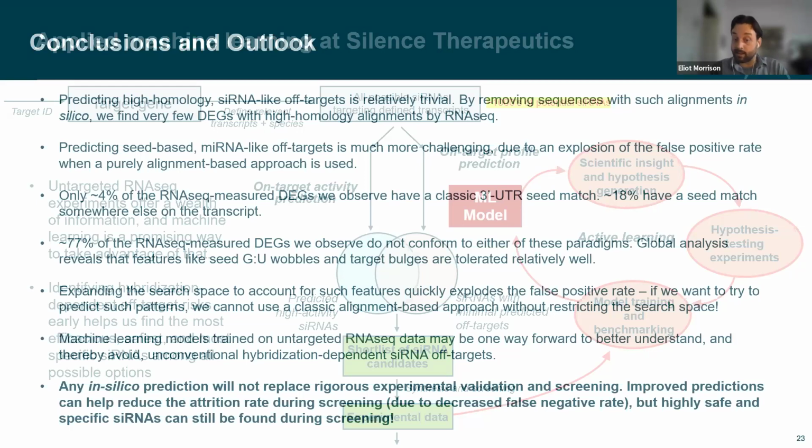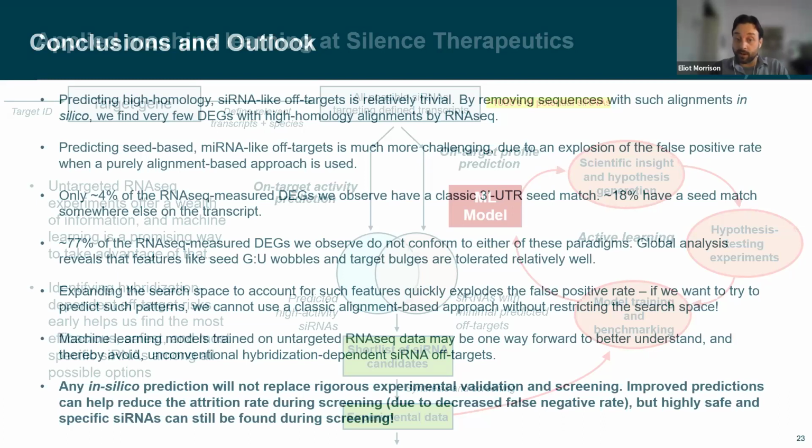And this has the ability, I think, to possibly uncover some of these more unconventional off-target alignments that we were looking at. And finally, I just want to emphasize that everything I've talked about today is all about in silico predictions, and this will never replace a rigorous experimental validation and screening process.